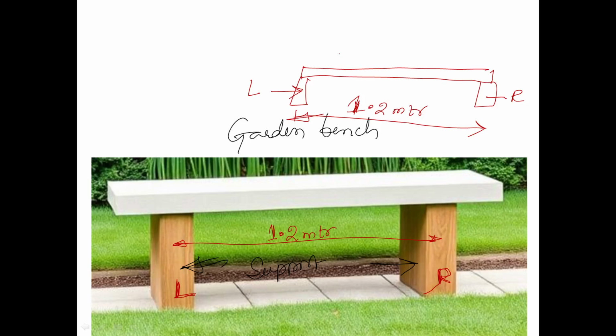Now let us take an example. One person of weight 1000 Newton is sitting at a distance of 0.3 meter from this left support.